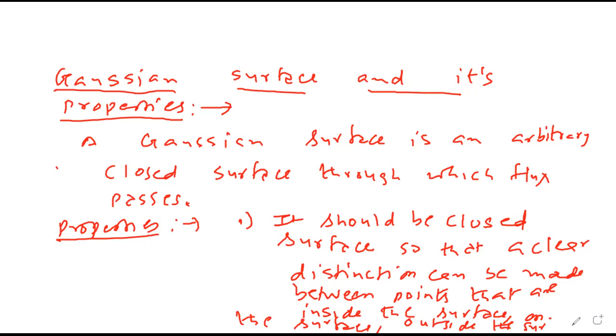Right, first property, closed surface, where we can clearly distinguish or distinction can be made between point on the surface, outside the surface, inside the surface.